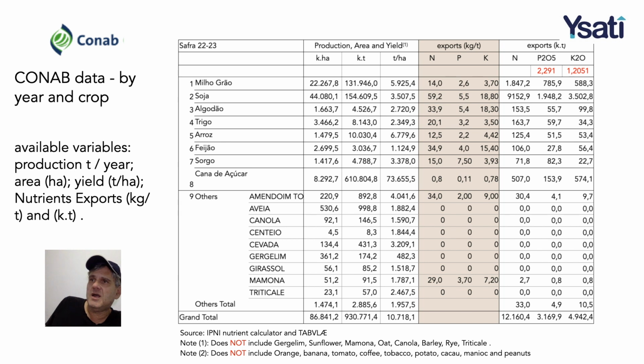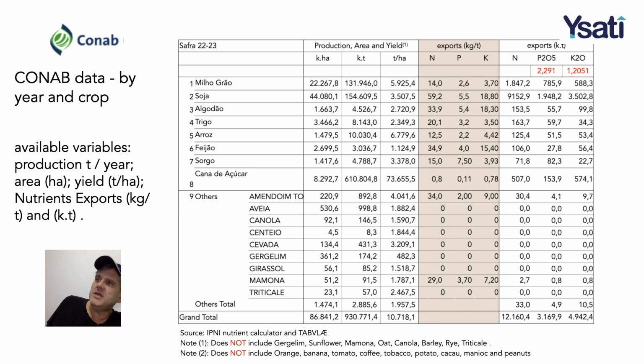But these are elements, the content of these elements in the material we get from the crop. So I hope that I did explain it to you, if you are not familiar with this concept of exports.